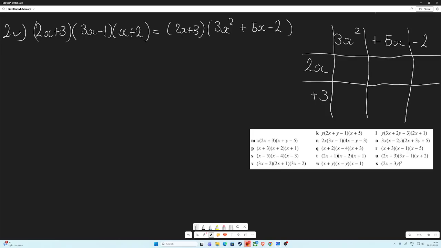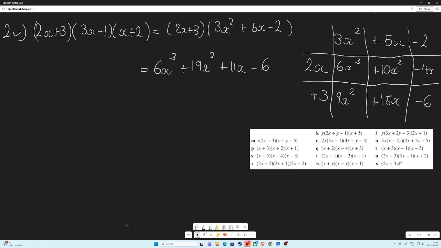So that's going to be 6x cubed plus 10x squared minus 4x plus 9x squared plus 15x minus 6. So the answer is 6x cubed plus 19x squared plus 11x minus 6.